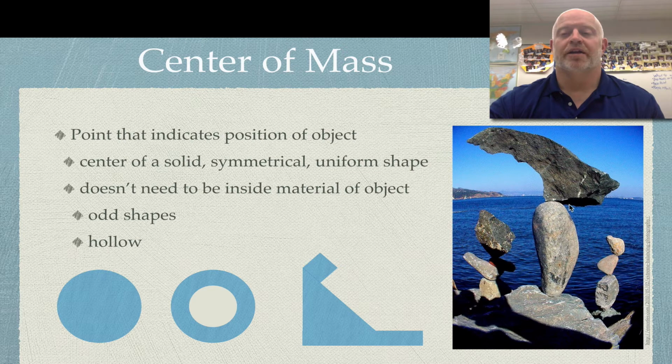If I want to know where the center of mass is on this object, because it has a single contact point, I know the center of mass resides somewhere along this vertical axis. I don't know for sure where, top to bottom, but somewhere along this, because the center of mass has to be over top of my contact point for me to have that balance to occur.